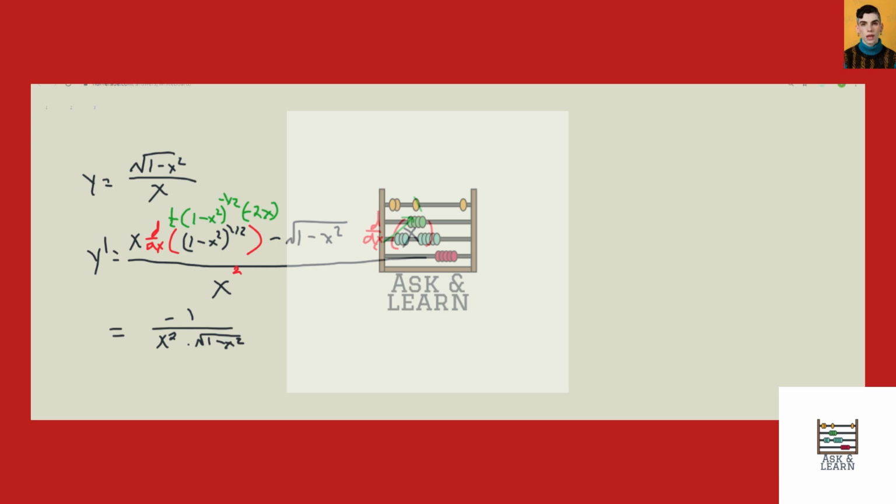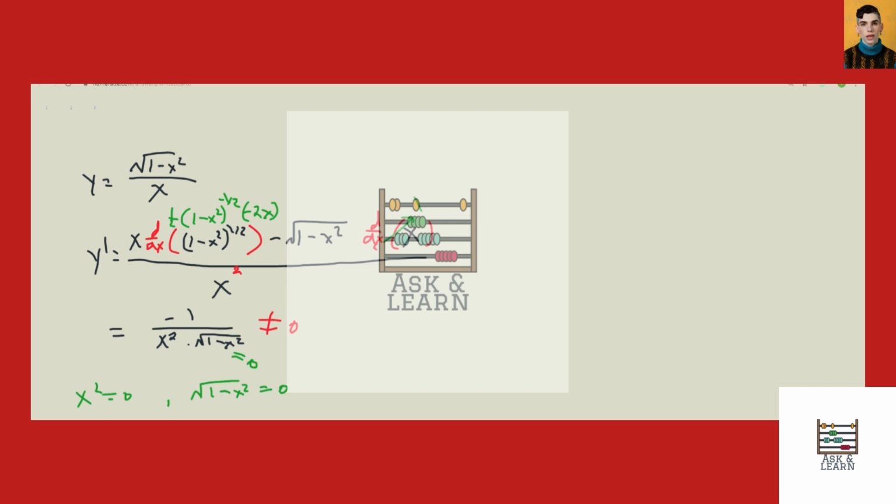Now notice that this will never equal 0, so we can't find any critical values that way. But we could possibly have something when we set the denominator equal to 0. Doing that would give x squared is equal to 0, or 1 minus x squared is equal to 0.